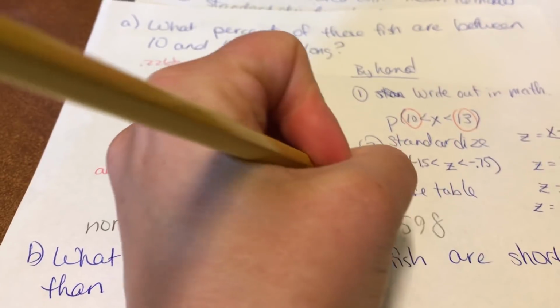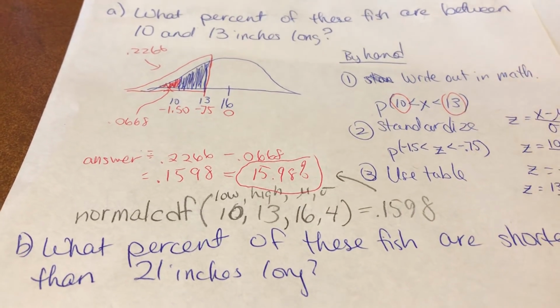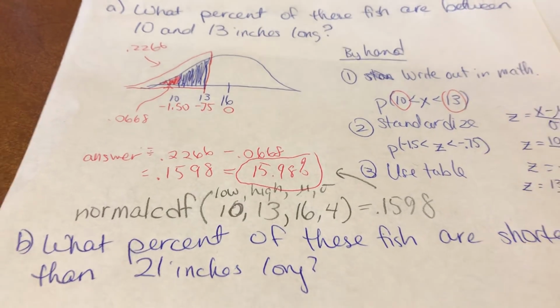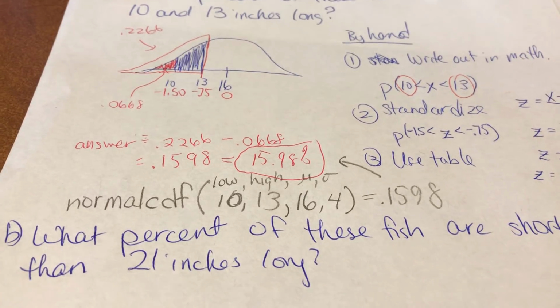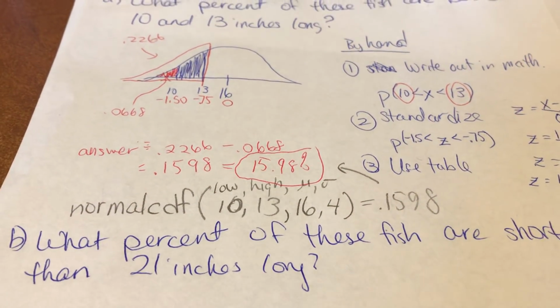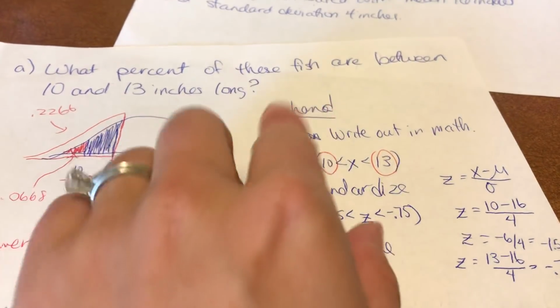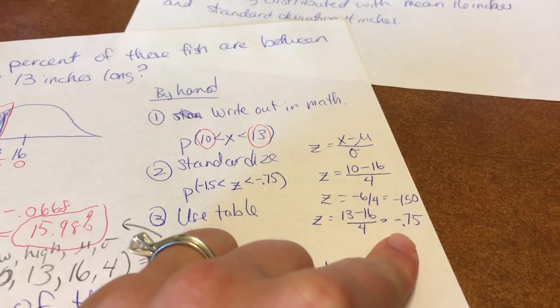from the table. So you can see it doesn't matter which way we use it, it's going to give us the same answers. Now, that being said, it might occasionally give us slightly different answers. One might be 15.98% and the other might be 15.97%, or something just a little bit off. And the reason for that is when we do that by hand, this time the 10 and the 13 turned into very nice numbers we didn't have to round.